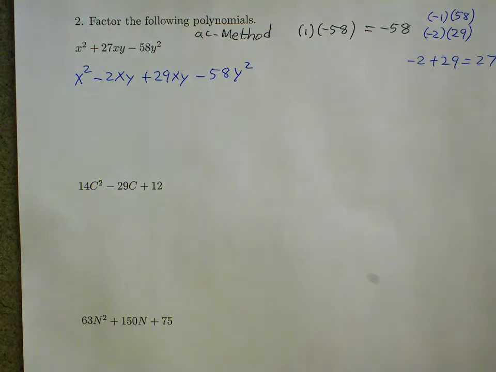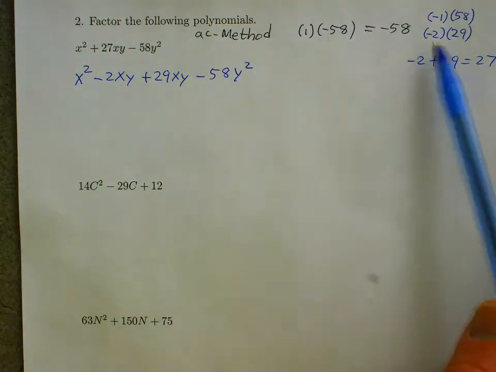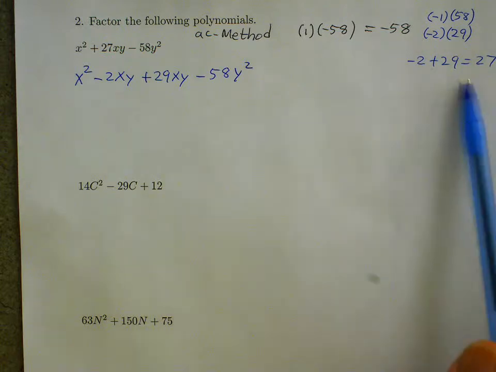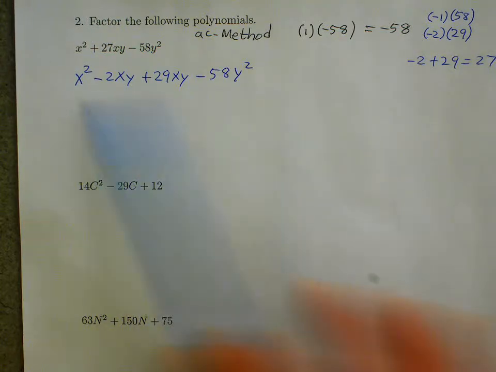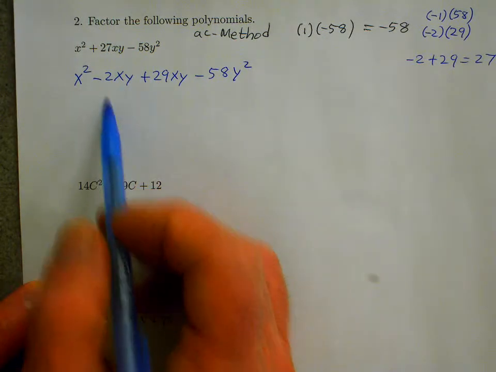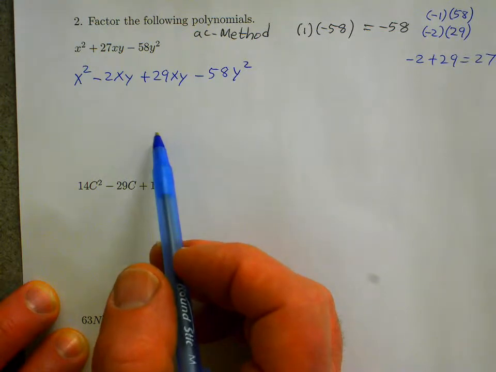Keep in mind, since we found the two integers that satisfy both conditions, that guarantees that we can factor it. If we come up with something that doesn't make sense, we have to go back and look for the mistake that was made.